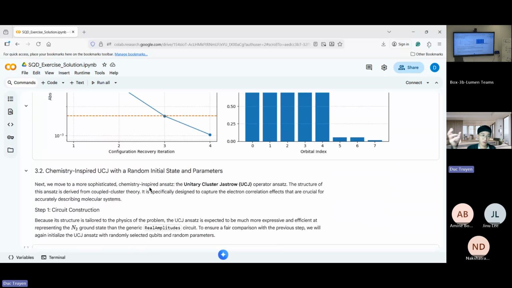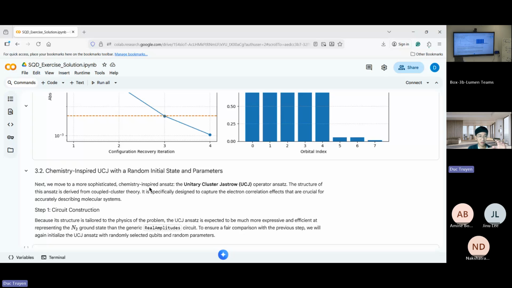We get the information from the Hamiltonian. Like I said before, if you just build arbitrary ansatzes, so you randomly choose the configuration, not for any specific reason, that's quite unreasonable.